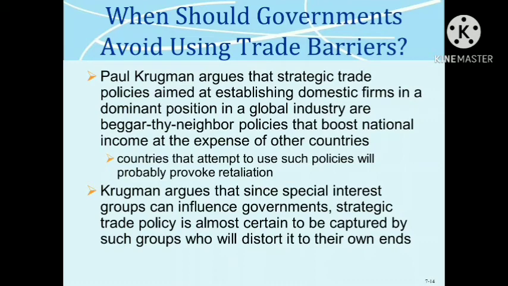So countries that attempt to use such policies will probably provoke retaliation. Krugman also argues that since special interest groups can influence governments, strategic trade policy is almost certain to be captured by such groups, who will distort it to their own ends.